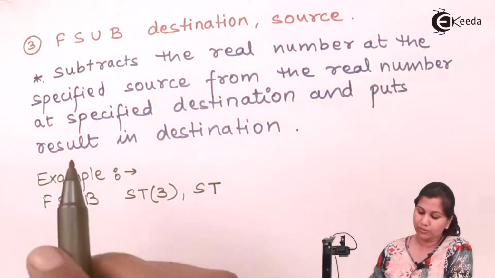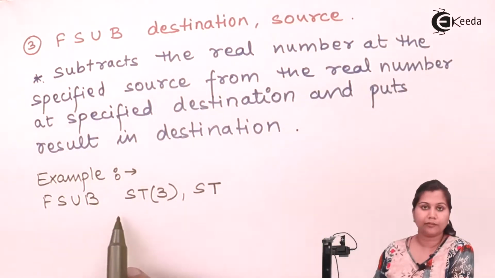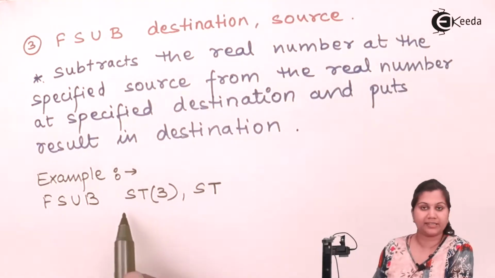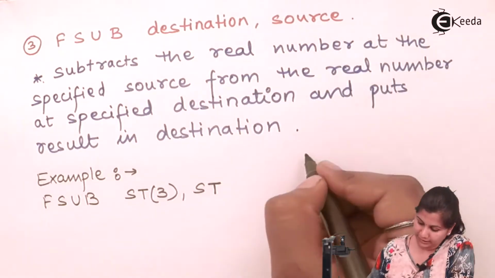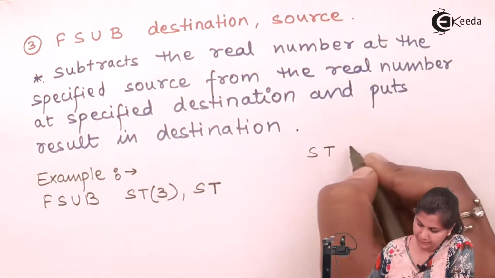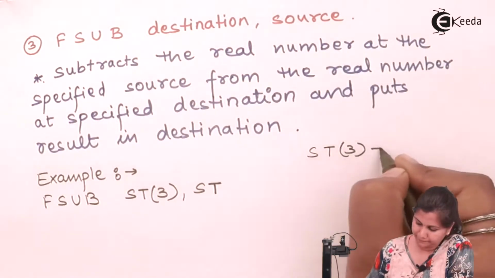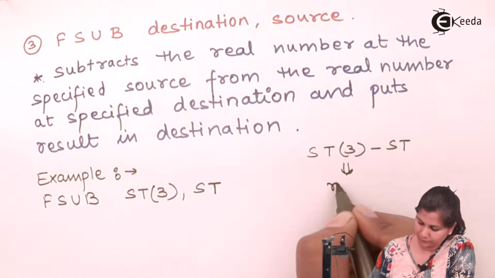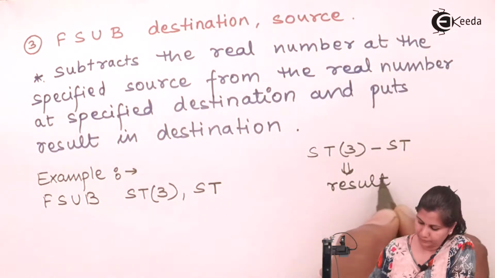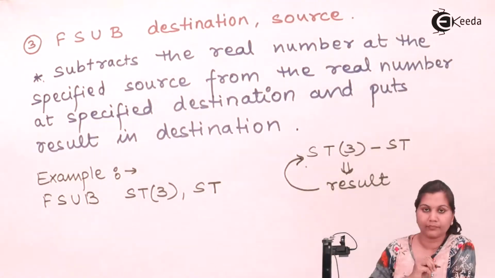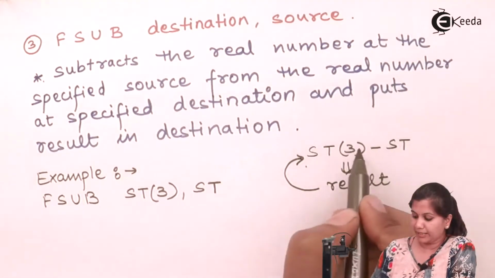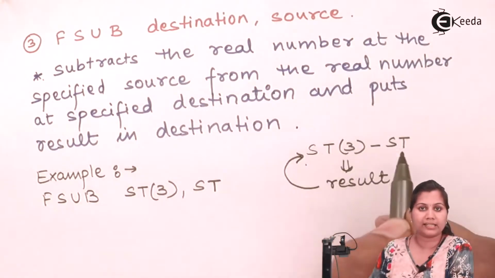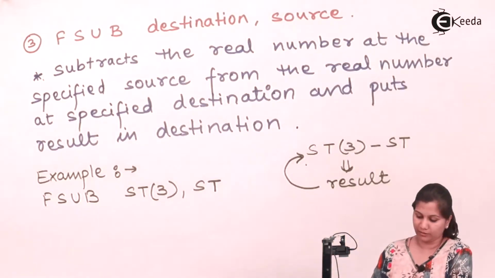It is going to subtract ST from ST3, okay, and then it is going to put the result in ST3. So ST is subtracted from ST3 and the result is again stored in the ST3, the third register.